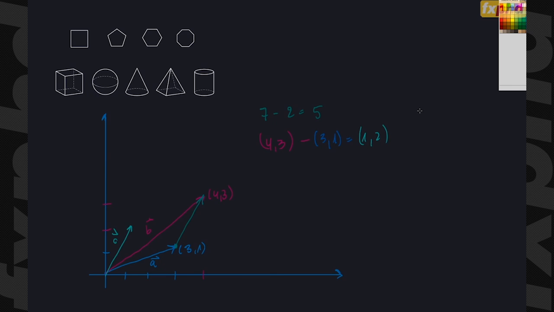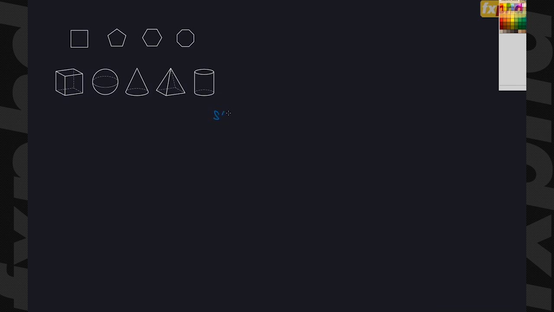So back to my drawing application and the final concept, scaling vectors, or multiplying vectors by a scalar. The first question that arises is, what the hell is a scalar?